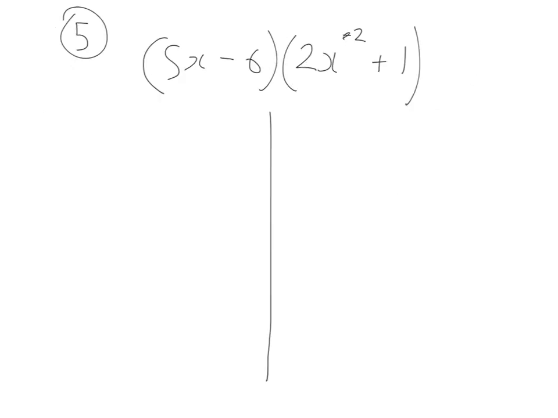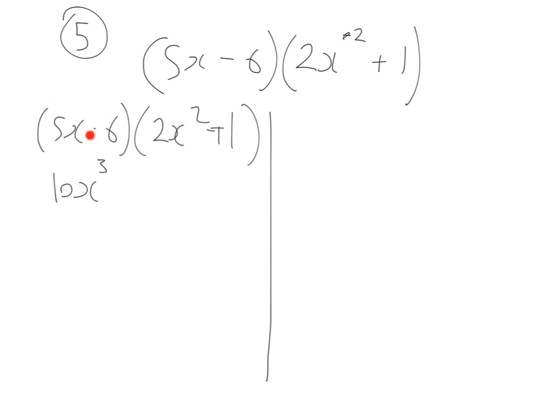Section 1, example 5. Expand 5x minus 6 bracket 2x squared plus 1. So again, FOIL method, first, outsides, insides, last could be used. First, 5x times 2x squared is 10x cubed.